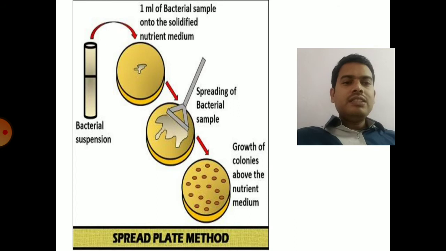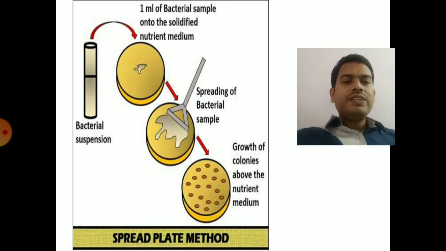The other one is the spread plate method. In this method, you first prepare the nutrient agar medium, sterilize it, and pour it on a petri dish under sterile conditions using a laminar airflow chamber.